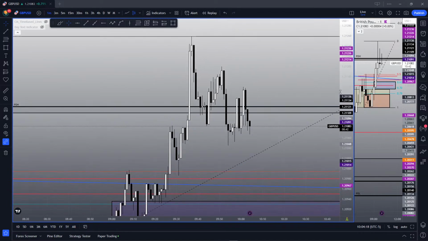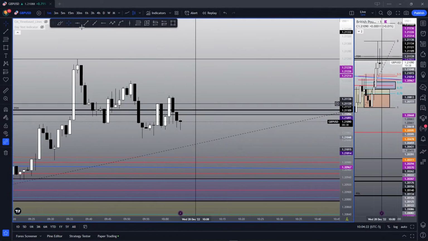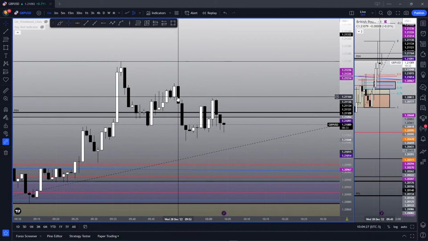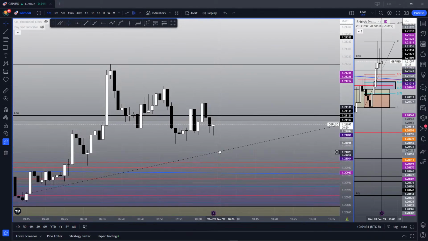Slowly but surely, it's not forming a head and shoulders, but that's fine. Touching this, it touched that. Continue down, break through this one.